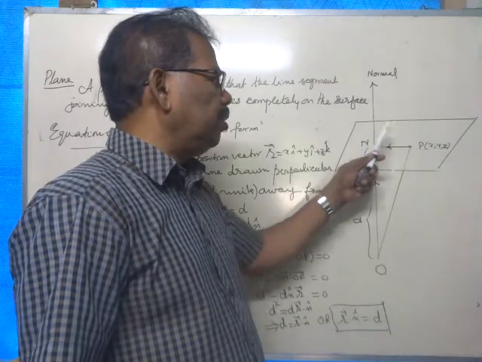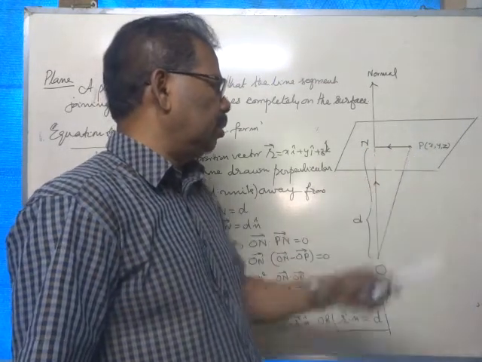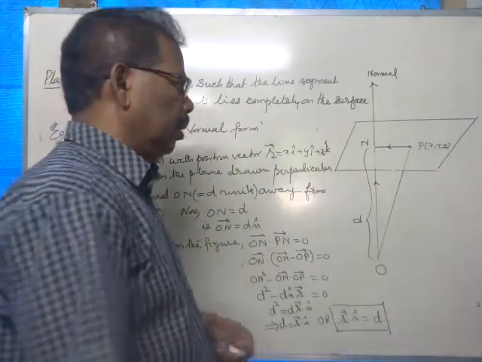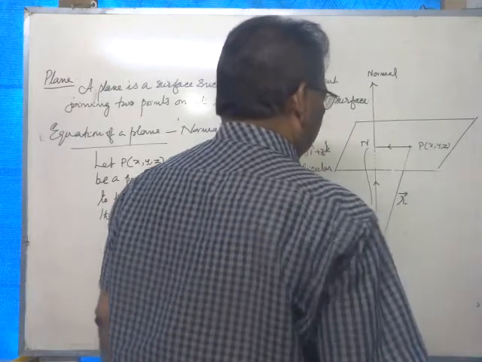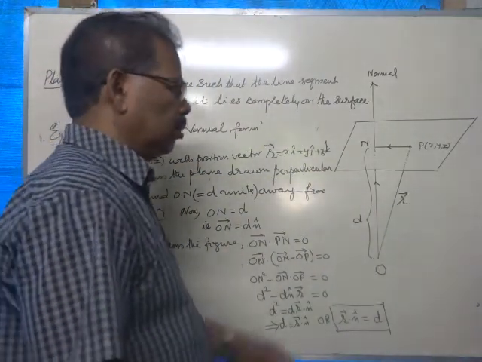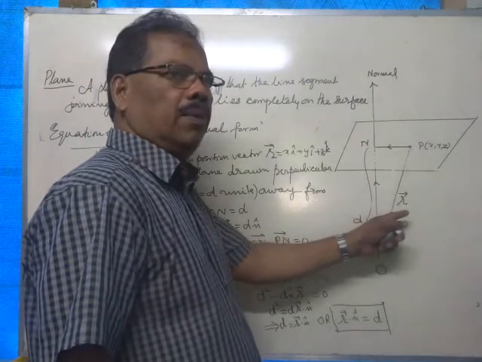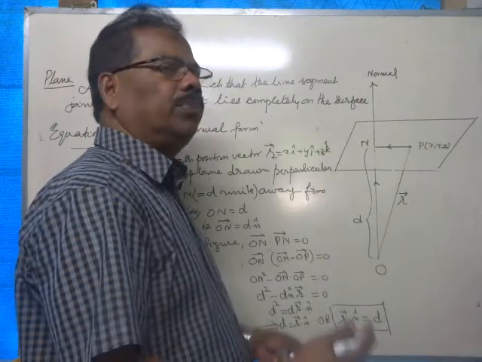If you take a point P on the surface, P(x, y, z), then vector OP is denoted as vector r. And how to form the equation?